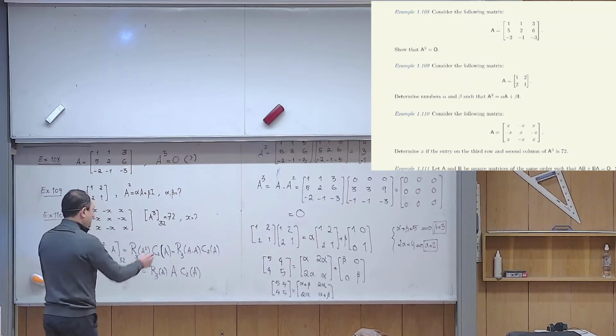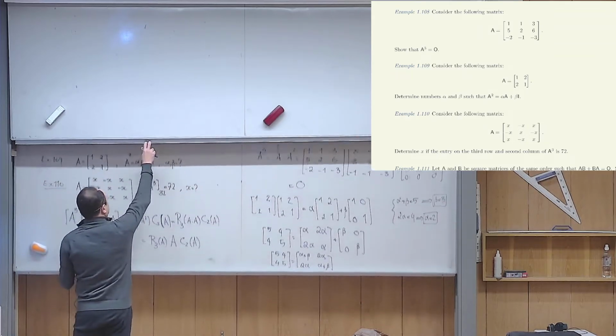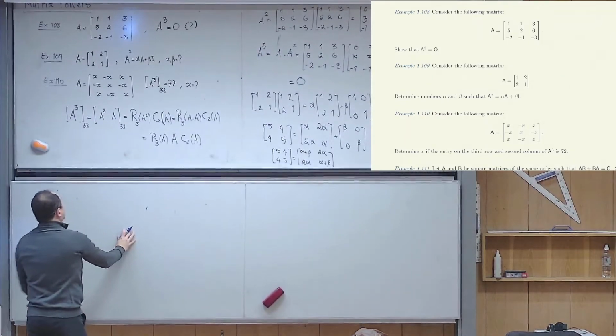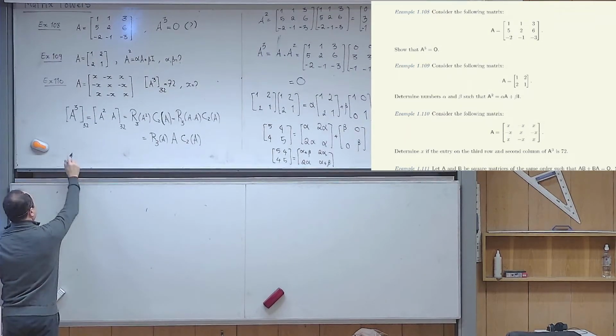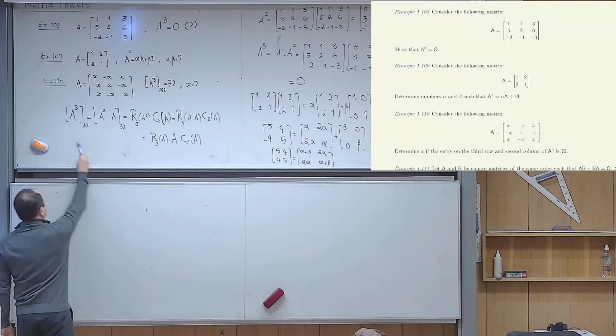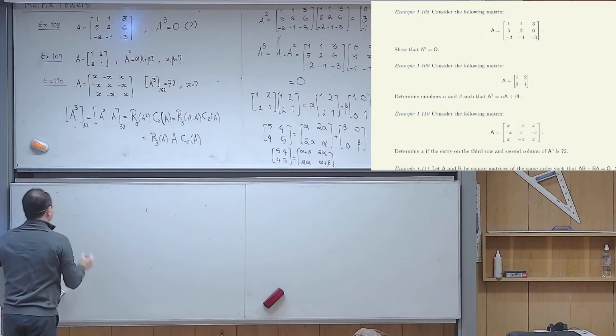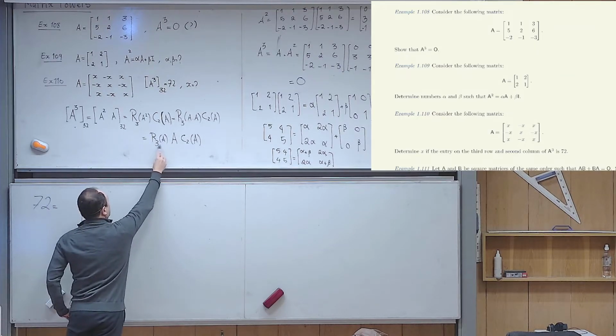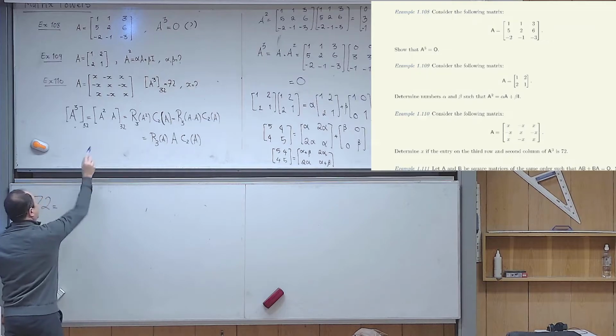Okay, so this, I will do it here. So you see here, we know that this number is 72. This is given to be 72. So 72 is equal to, here you have the third row of A, which I can read immediately.